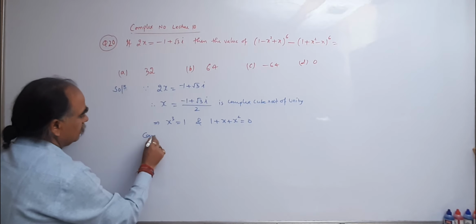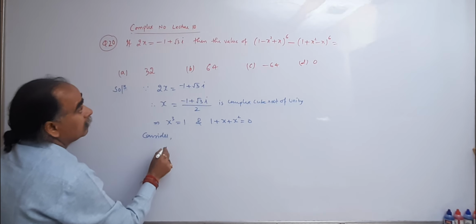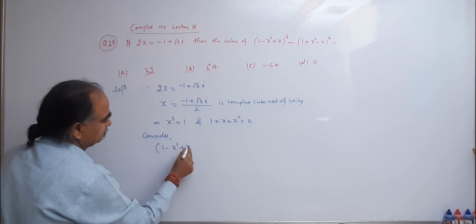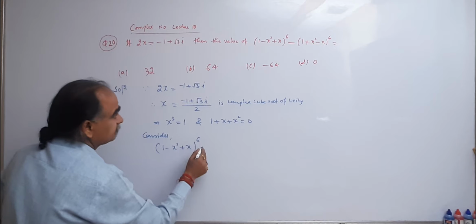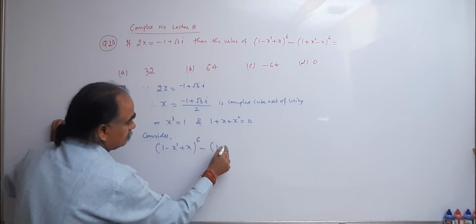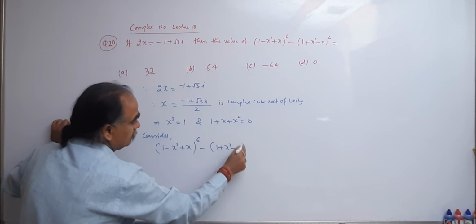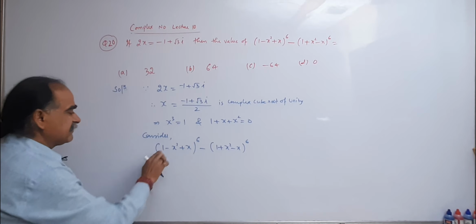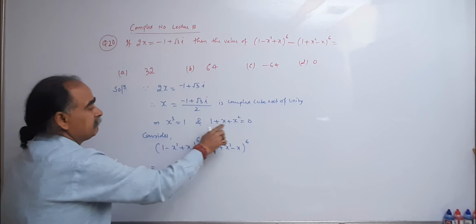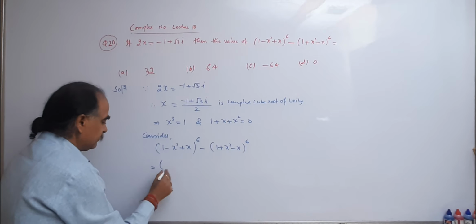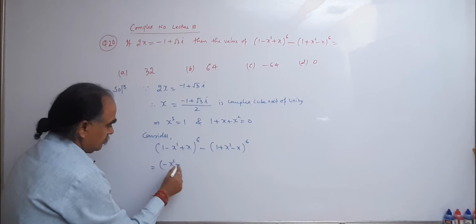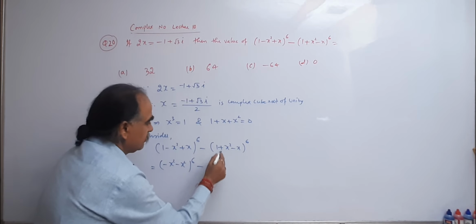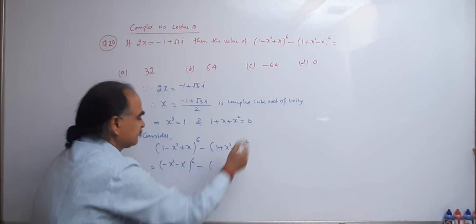Consider 1 minus x square plus x raised to 6 minus... Now the value of 1 plus x is minus x square. And minus 1 plus x square is minus x.